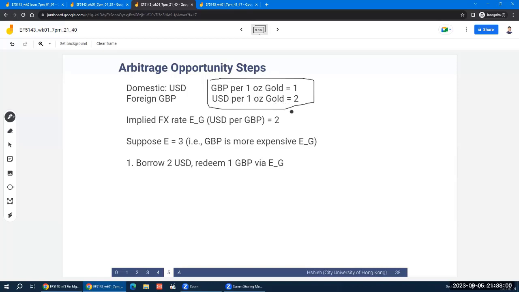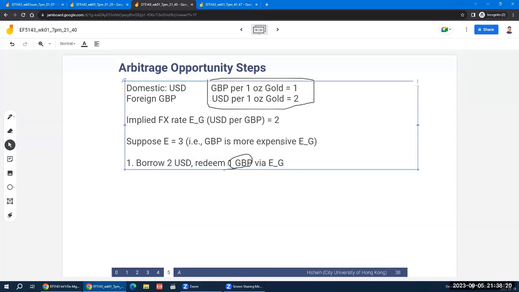I take that 1 ounce of gold and I call up Bank of England, say, I have 1 ounce of gold. Can I get 1 British pound? Sure, that's their promise. So that's exactly what I get, right? I redeem 1 British pound. All right, next step. I'm going to sell that 1 British pound for 3 US dollars via E, right?